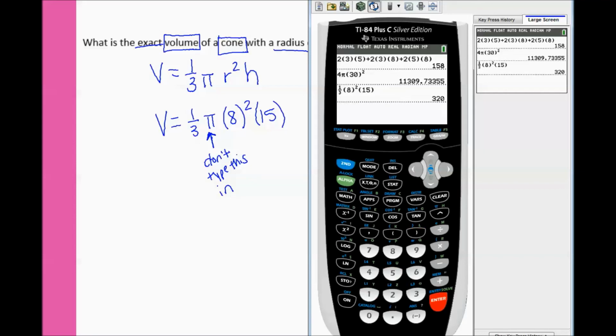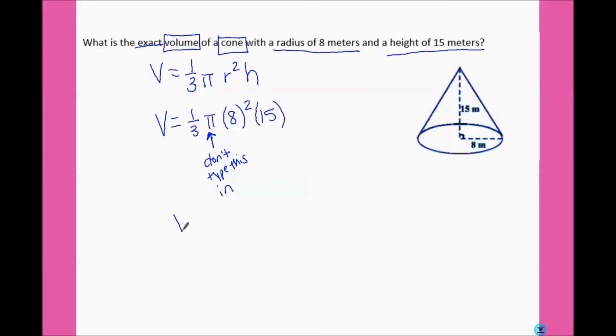And I get 320. So my volume equals 320. We didn't type pi, so we're still going to write it here. And then meters, since that's how our radius and our height were measured. And since it's volume, it's units cubed. And that's your exact answer.